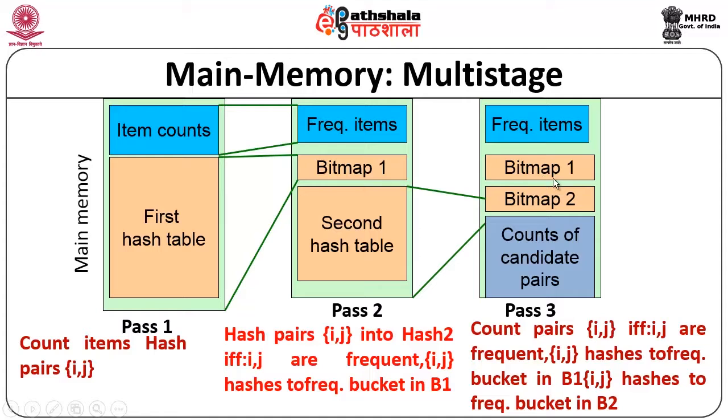During pass 3, the count of pairs i, j will be considered if and only if i and j both are frequent, and i, j hashes to a frequent bucket in the binary vector b1, and then i, j hashes to another frequent bucket in the binary vector b2.